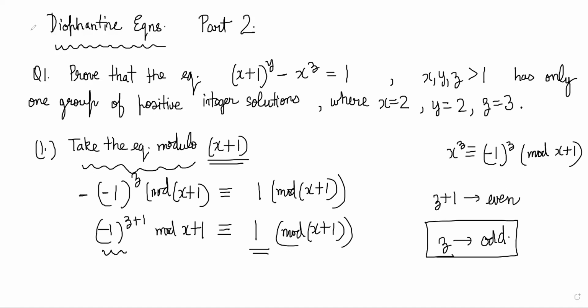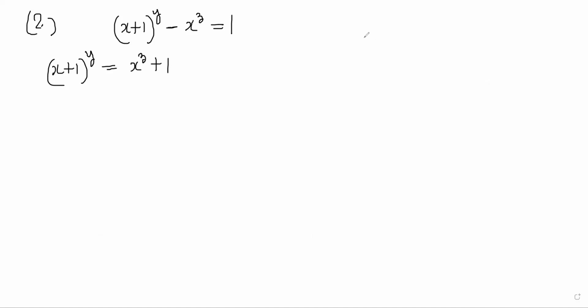The next thing is this. Our equation is (x+1)^y - x^z = 1. And now we can write it as (x+1)^y is equal to x^z plus 1. And we have already figured out that z is odd.